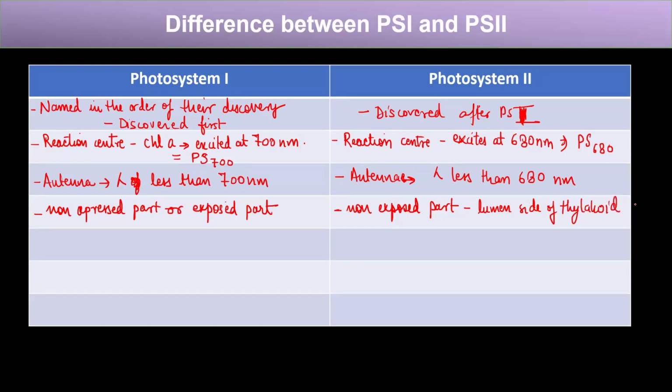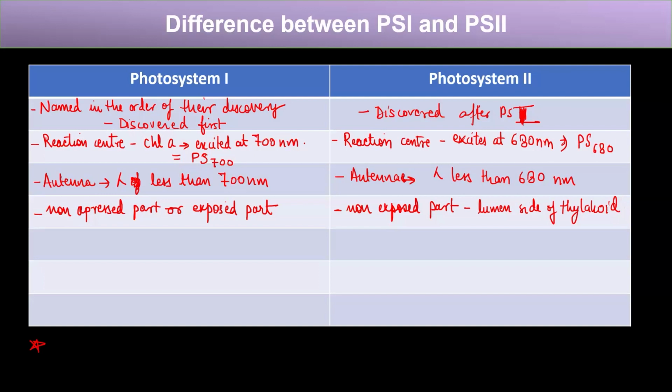Okay. Now, one important thing to note is about both photosystem 1 and photosystem 2. What we are seeing is that photosystem 1 has a reaction center of 700 nm and the reaction center of photosystem 2 is 680 nm. It means that both of these photosystems can get activated if you give a light of less than 680 nm.